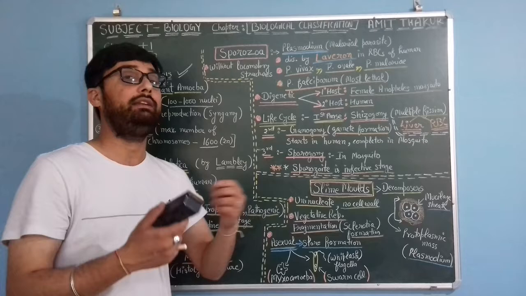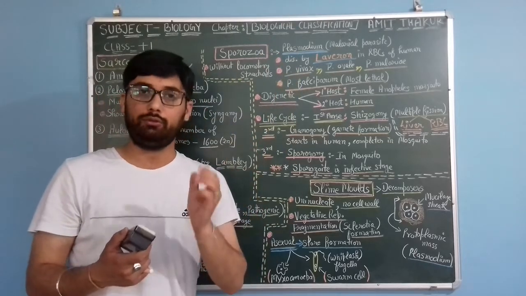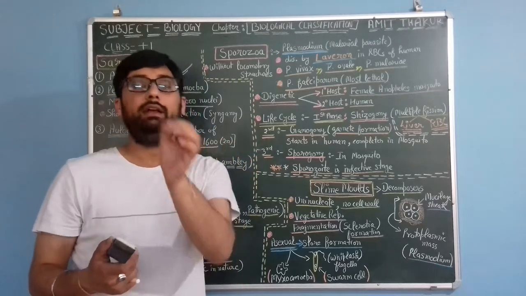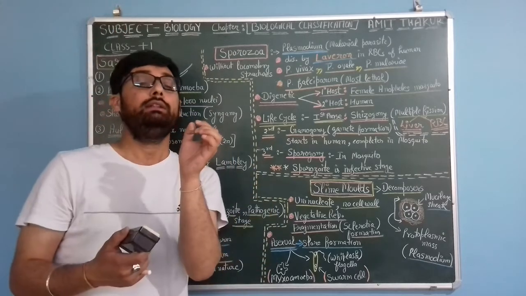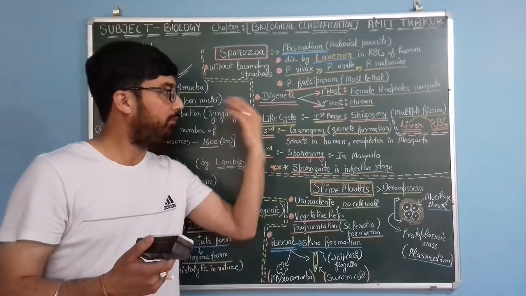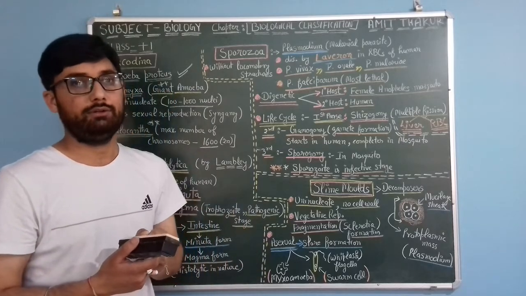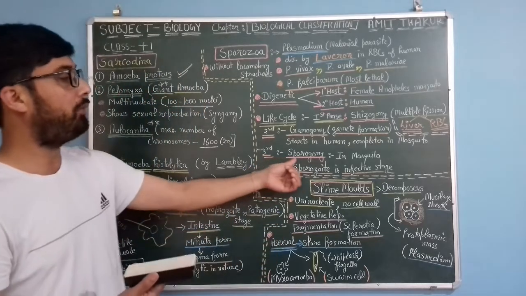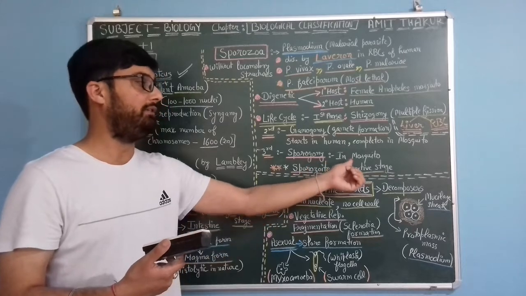It reaches the salivary glands of the female Anopheles mosquito. Then that mosquito bites a healthy person and injects plasmodium into the body through its salivary glands. The third stage is sporogony, meaning formation of sporozoites, which takes place inside the mosquito.